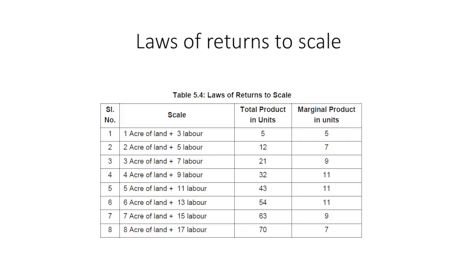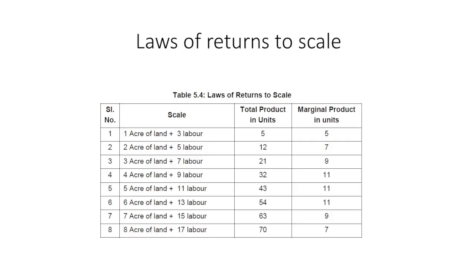See here 7, and it is again coming down to 11. Okay. Now what do we mean by this? Up to this 32, we can see this is increasing returns to scale, and from here to 6 and 7 it is constant returns to scale, and 7 and 8 is decreasing returns to scale.